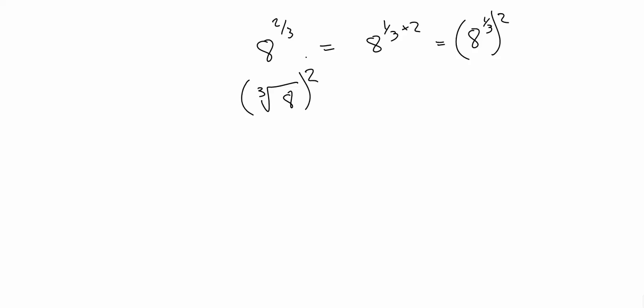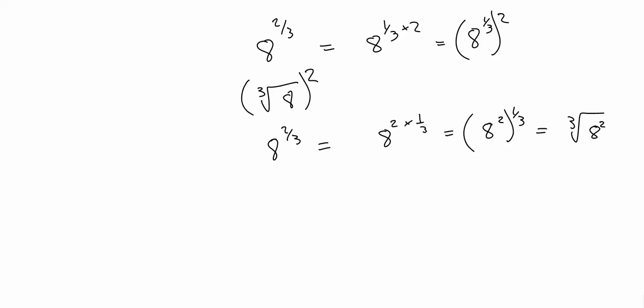Of course, we could also have written this as 8 to the power of 2 times a third, that way round. So instead of a third times 2, we would have 2 times a third. So that would be 8 squared to the power of a third, and that then is the cube root of 8 squared.